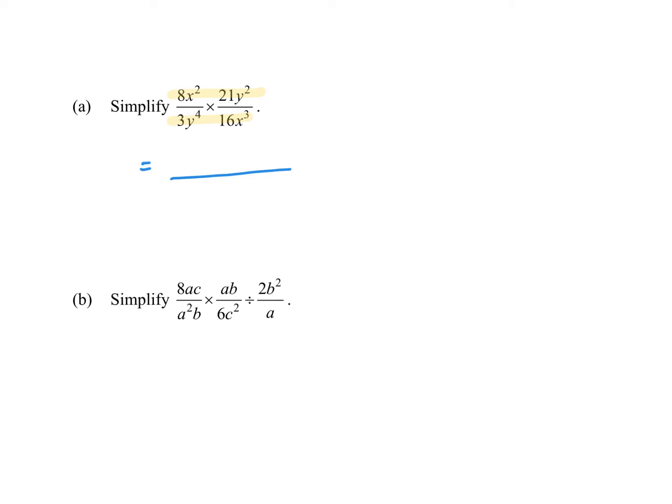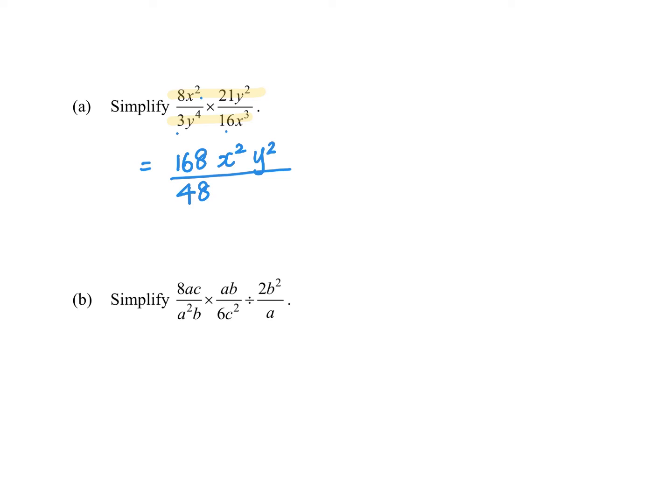Numerator times numerator: 8 times 21 gives 168, then x squared y squared. For my denominator, I have 3 times 16.